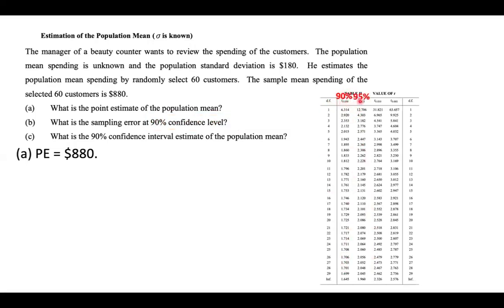For 95%, we look at the second column. 98 would be the third column, and finally 99 would be the last column. But in this question, we look at 90% confidence level, so we're focusing on the first column.